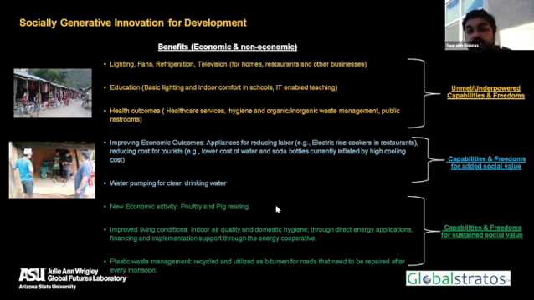And then in sustained value creation over time and over generations, they identify newer forms of economic activity that can be created in the community, like poultry and pig farming, which is not really optimum without electricity. Improving living conditions, indoor air quality, plastic waste management in the communities are the higher end of the aspiration, right?